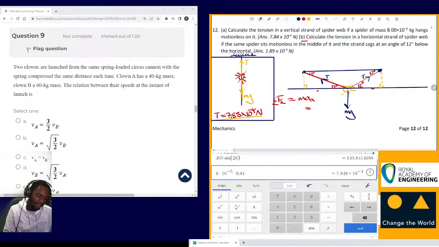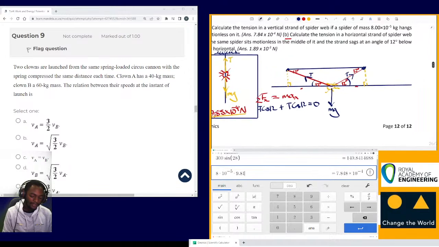Using this angle, that should give you T cos 12. One of them is negative, so it's negative T cos 12 plus positive T cos 12 equals 0. So there's nothing happening in the x direction, so there's no way we can find tension using the horizontal motion. Now let's analyze the vertical.